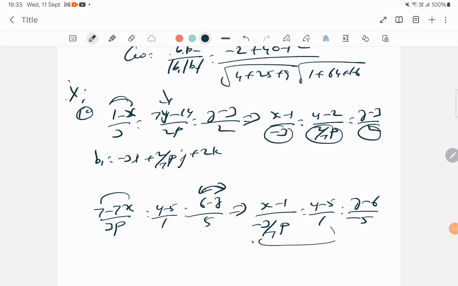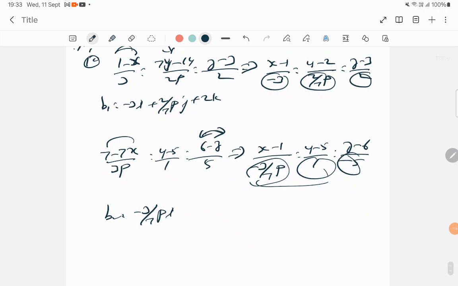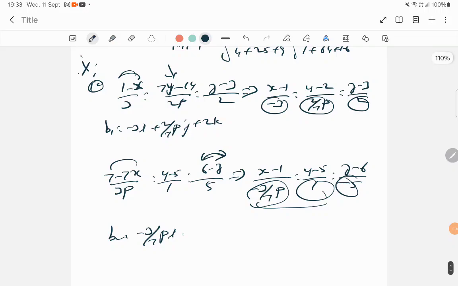So this is my b2 vector: -3/(7p) i + 1j - 5k. So write it clearly. What is your b1 vector and what is your b2 vector?